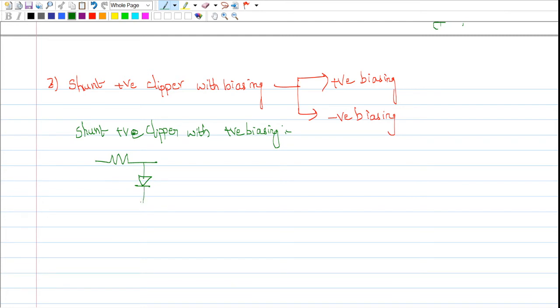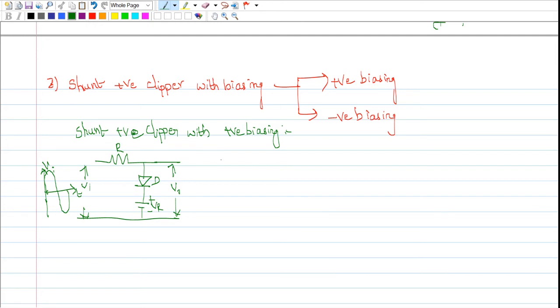Here you have to apply the positive biasing. This is the input voltage, and the input signal is a sinusoidal signal. There is a resistor and a diode with the positive biasing, and this is the positive reference voltage. VR is the reference voltage, and V naught is the output.